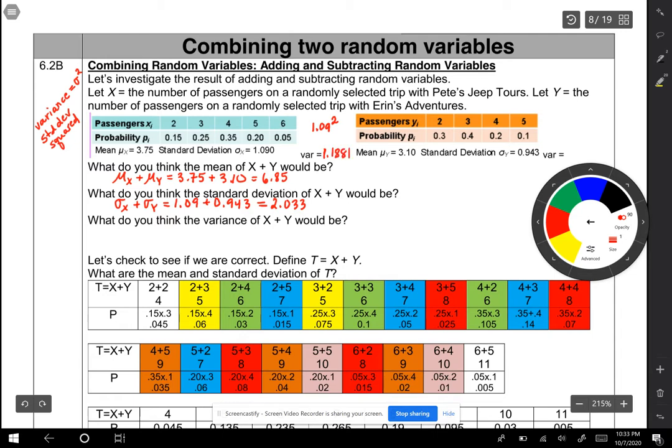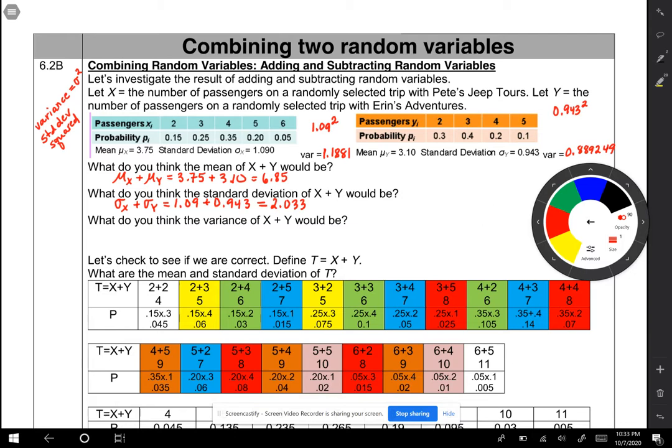And over here, we take 0.943, square it, and we get 0.889249.